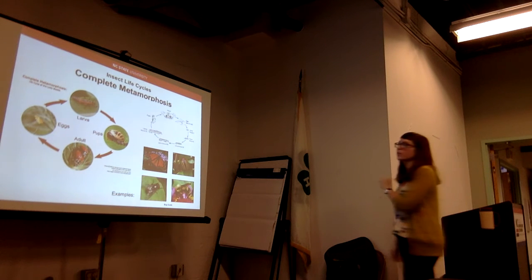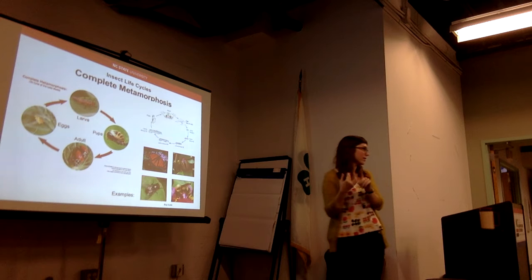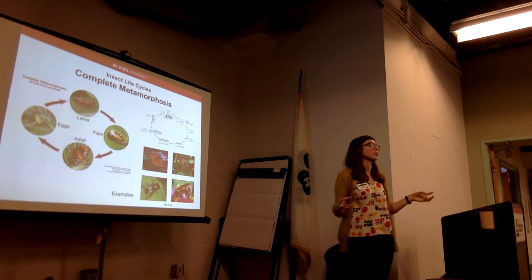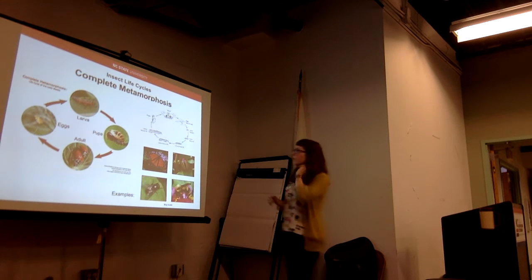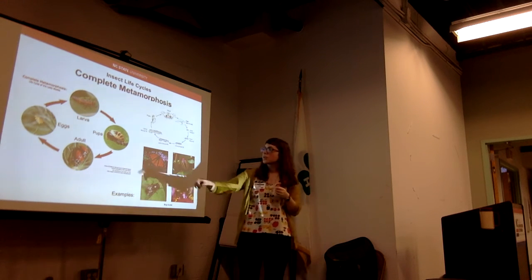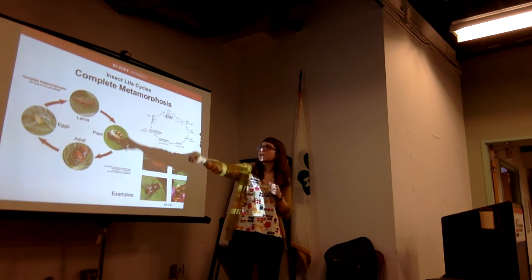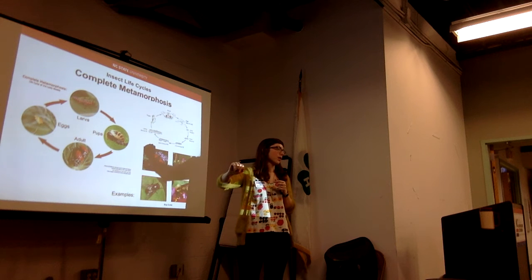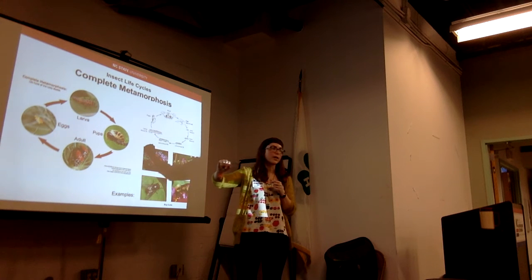And so this is what you might be more used to from beetles, butterflies and moths, and dragonflies, lacewings, those sorts of things where they go through this full process and they totally change form. And so it's kind of nice to use a ladybug as an example of this because a lot of times people don't realize that this form they're seeing up here, that's actually a ladybug larva. Right, and they're kind of strange looking.